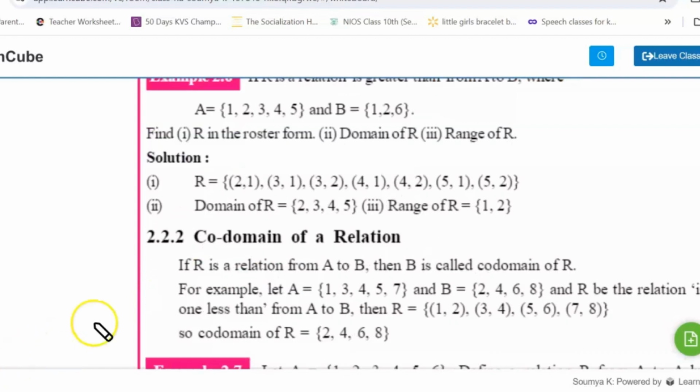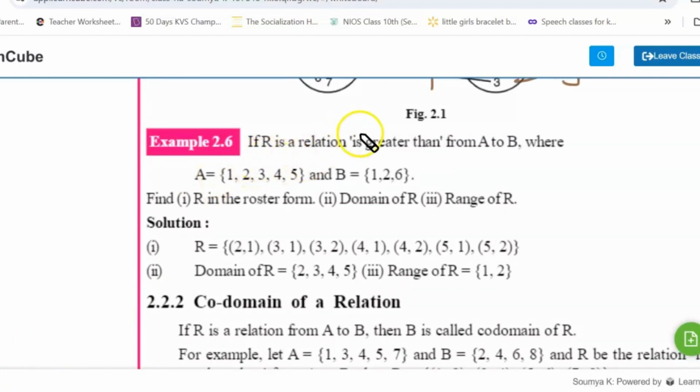One more question. Here R is the relation "is greater than" from A to B. That means elements of A greater than elements of B. So these are the given elements of A and given elements of B. Solution would be: 1, 1 is not existing, 1, 2 not existing, 1, 6 not existing, because the A element should be greater. 2, 1 is possible, so that is written here.